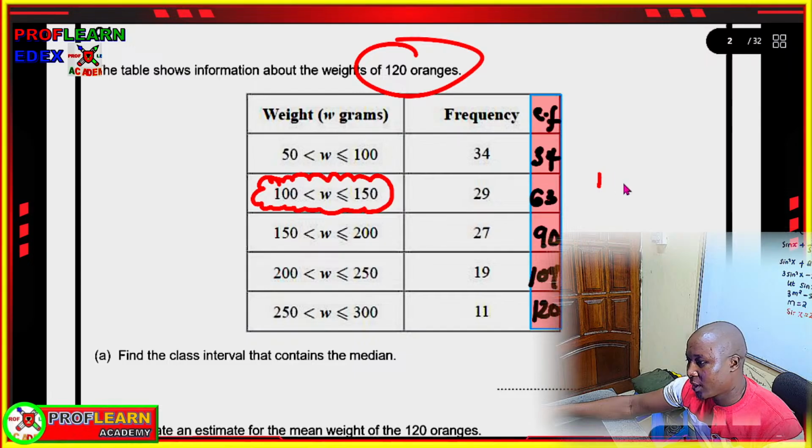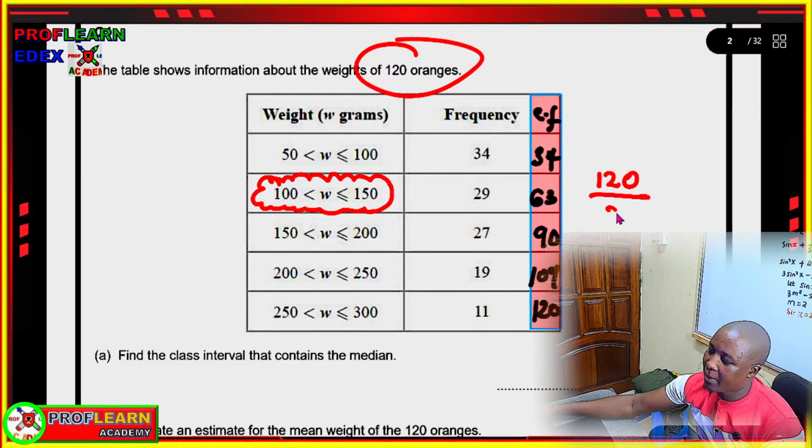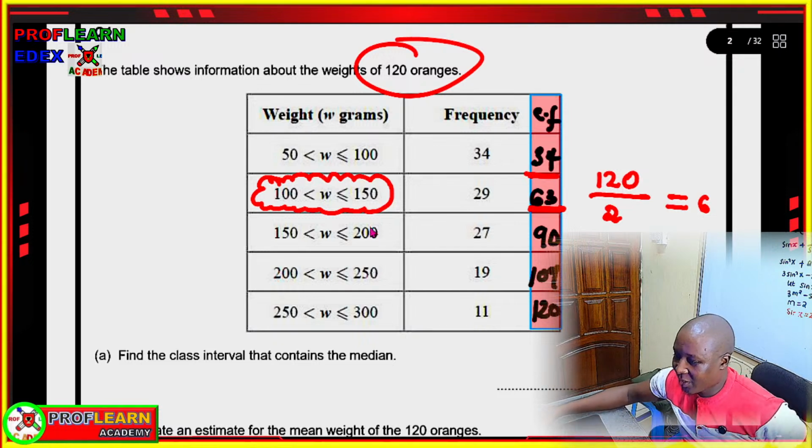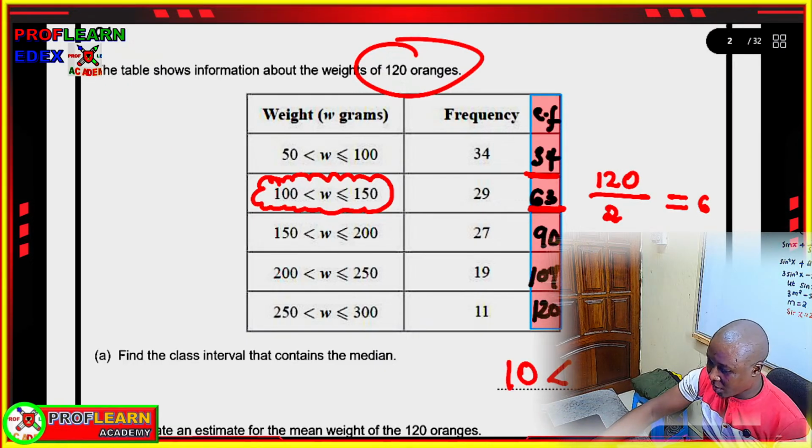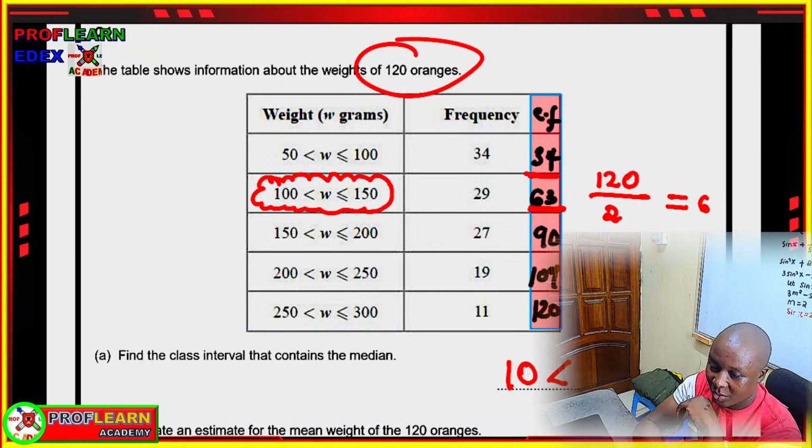If you take 120 divided by 2, you get 60. Where is 60? 60 is within here. So the class is greater than 100 and less than or equal to 150. That's what we're supposed to do in order to score that.